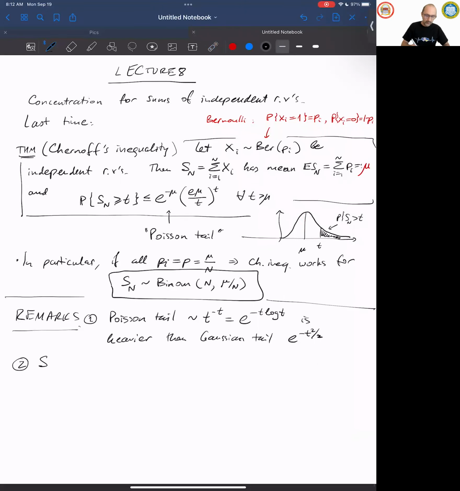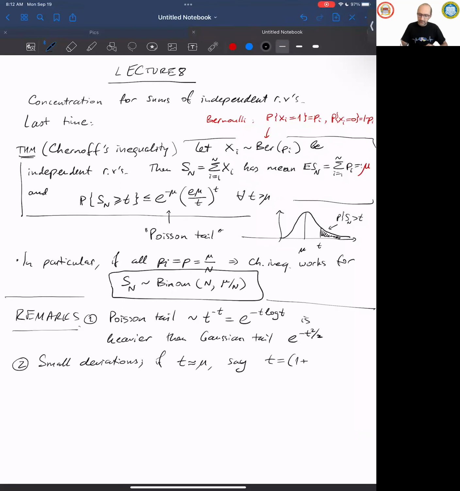So we'll call it the small deviation regime. Small deviations, if t is very close to the mean. Let's just give it a little kick to the right.